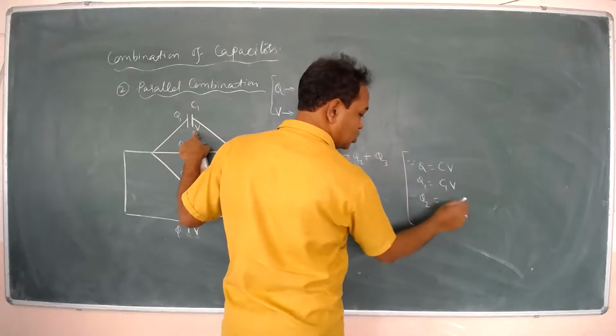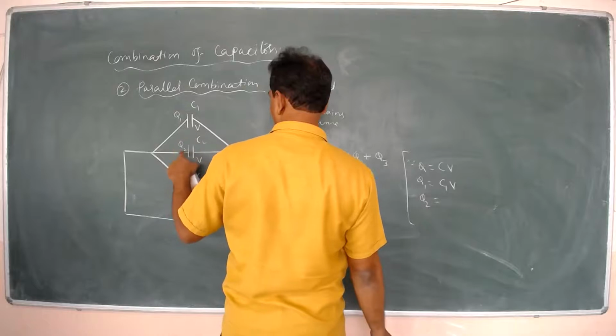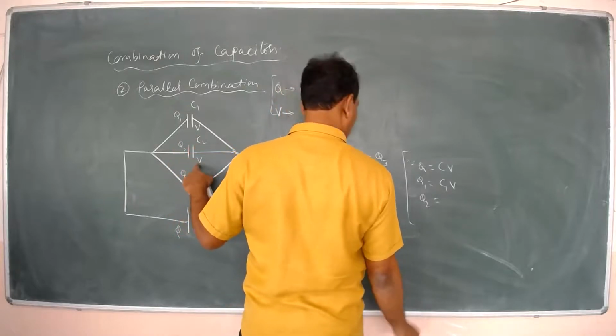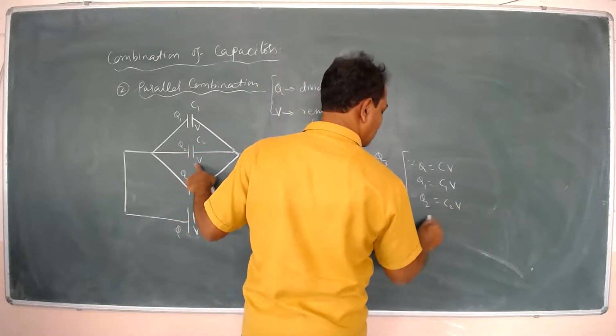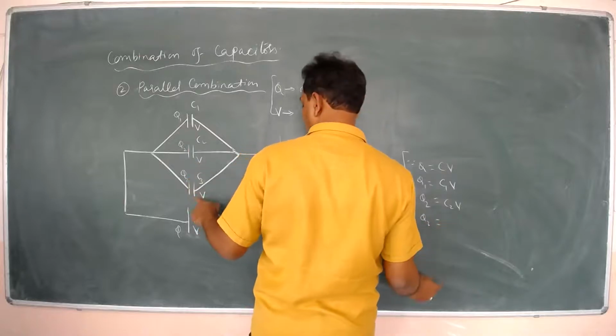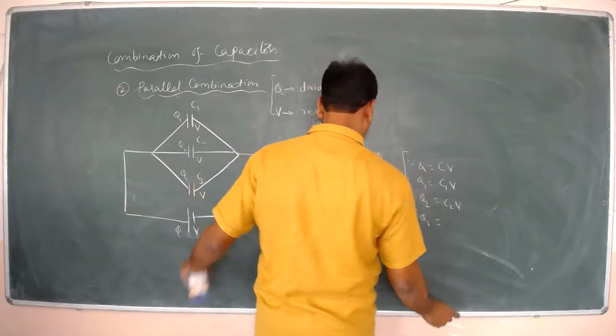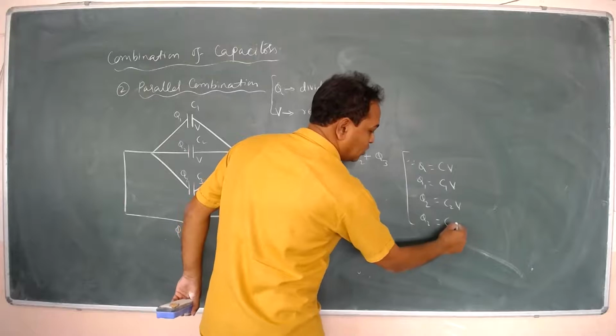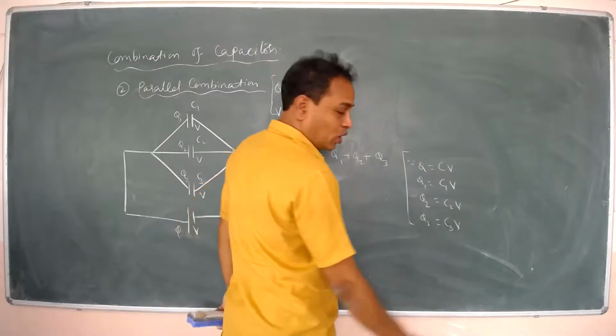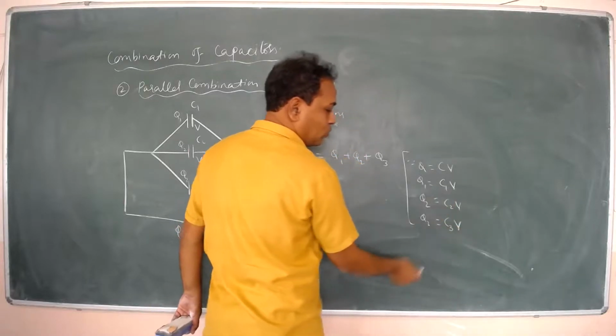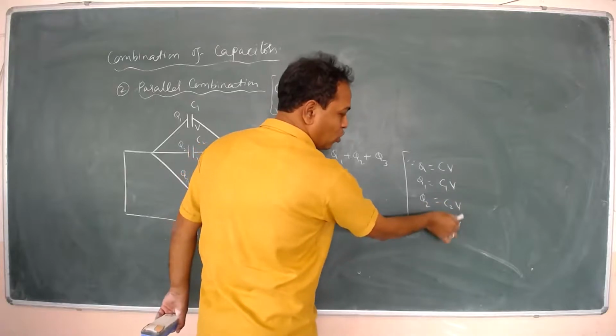Similarly, Q2 is C2V, and Q3 is C3V. In this case, V is constant.